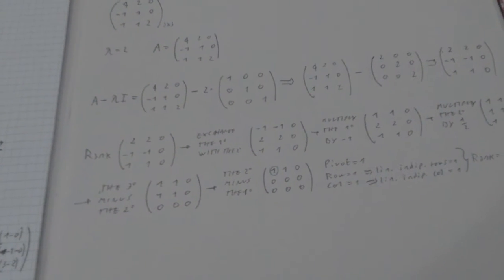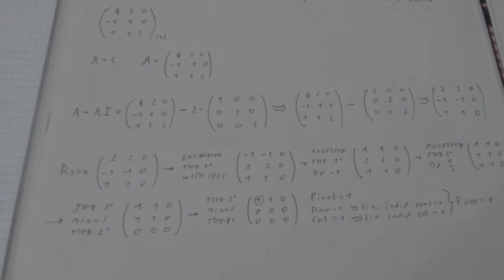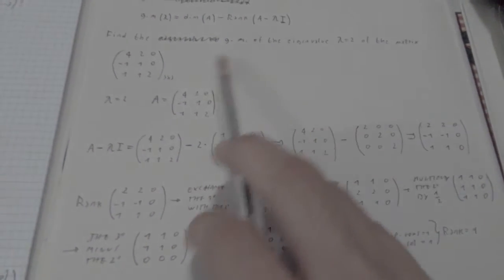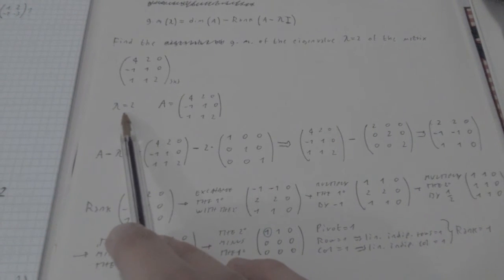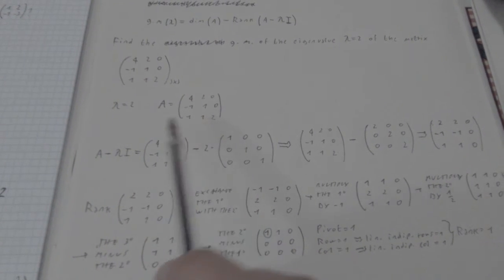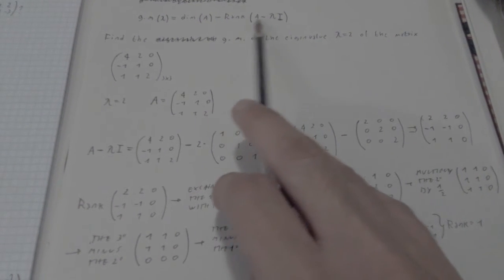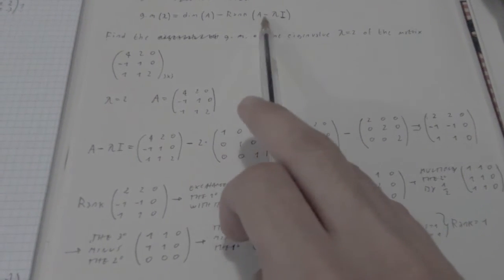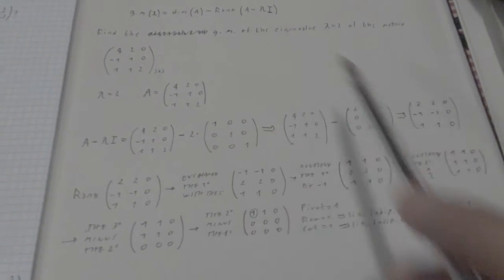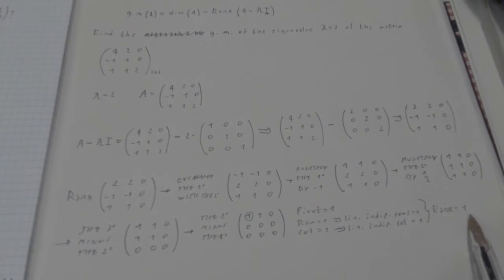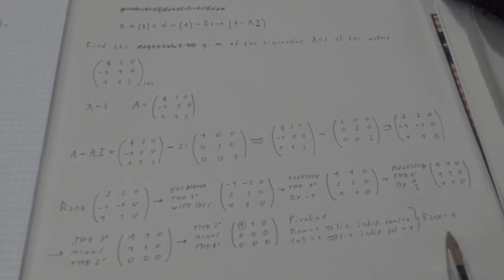So we're pretty close to the final answer, because we had an eigenvalue and a matrix, we found the new matrix, and we computed the rank with the Gauss-Jordan reduction. The rank is equal to 1 because the rows were linearly dependent.